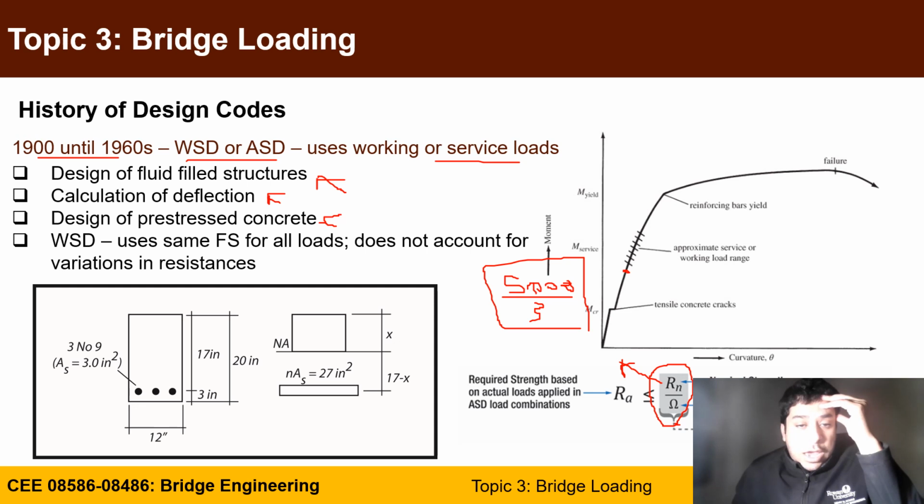The method uses a safety factor for all loads and does not account for variation in resistance. I mean that you may have one design based on 5,000 psi concrete compressive strength. However, because you intend to design for this value, you divide over the safety factor and you go away from any variation that could happen in the actual construction.